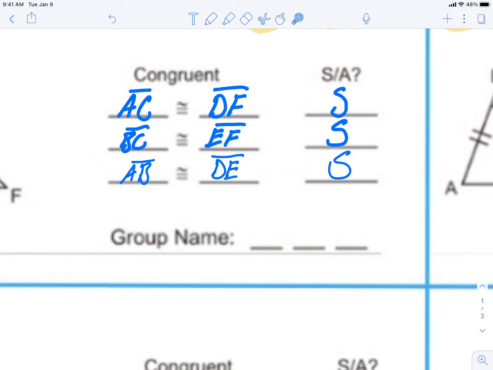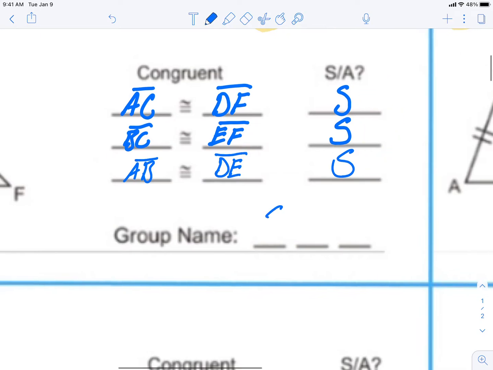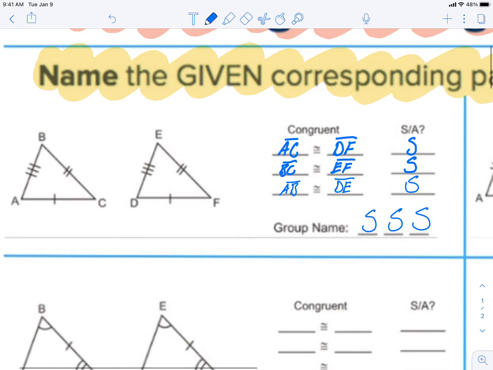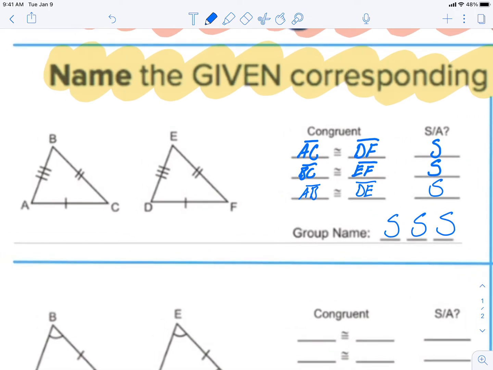And look what this makes: side, side, side. This is one of the ways that we prove two triangles are congruent, when their sides are all the same. Because if this is equal to that, and that's equal to that, and that's equal to that, they're going to grow together at the same size.